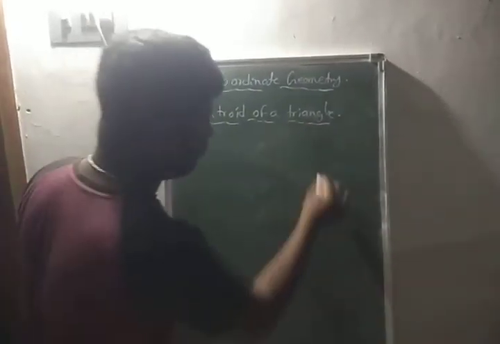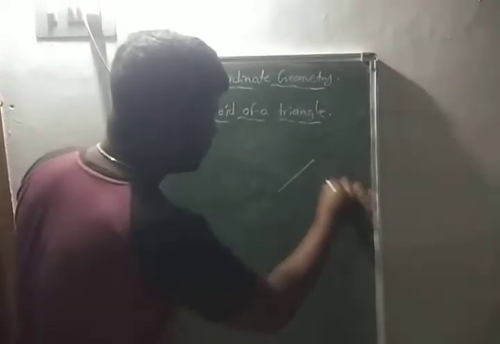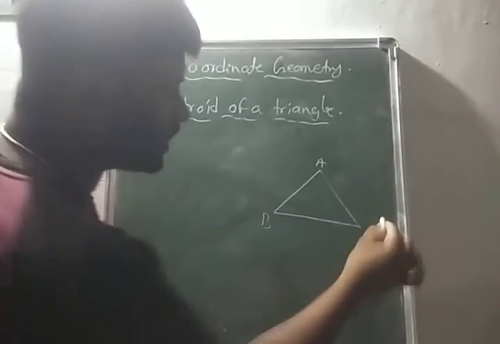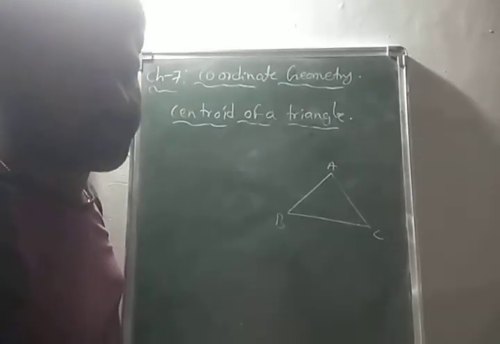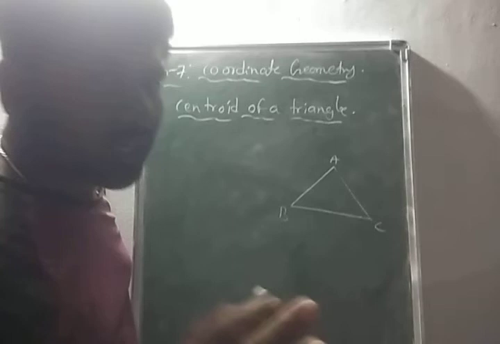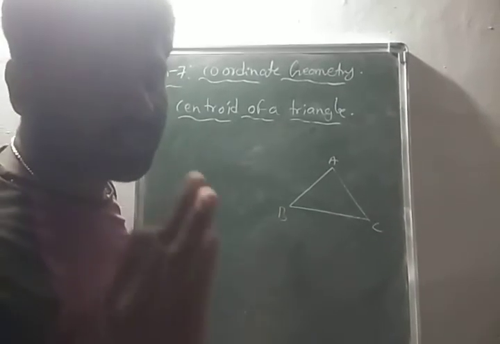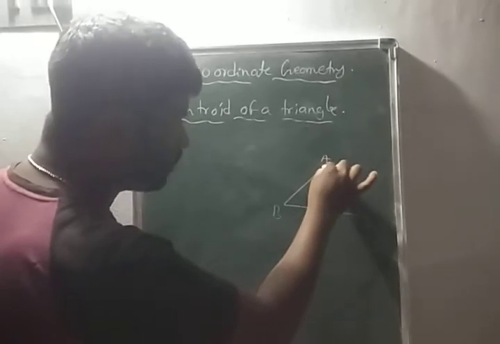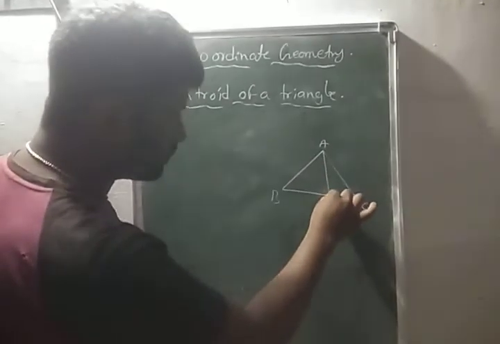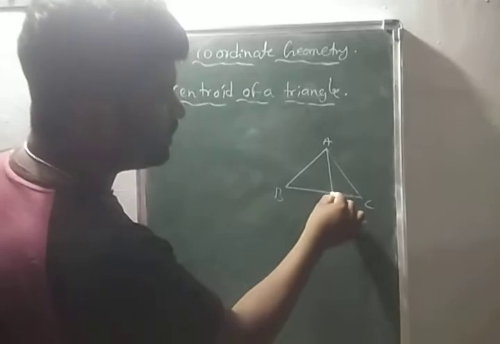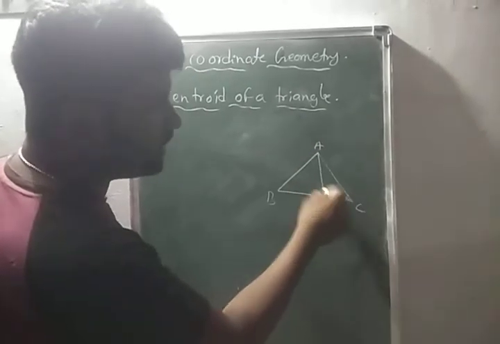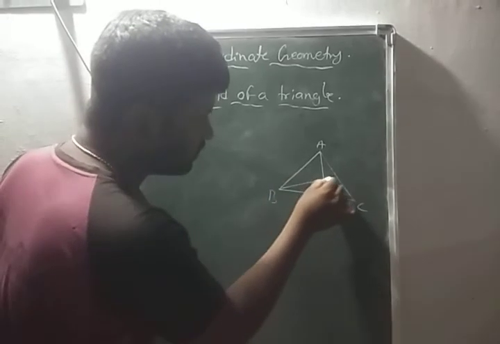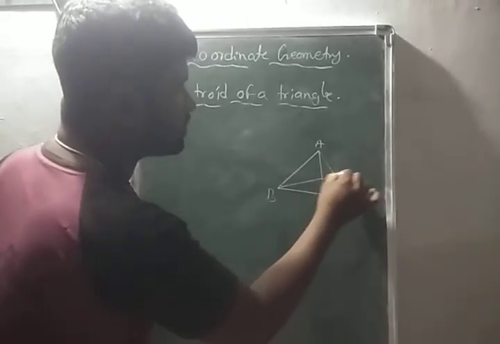We know this is a triangle ABC. Centroid means what? A triangle can have how many medians, Nana? 3 medians. See now, from vertex A, this AD is a median of triangle ABC, and as well as from vertex B, you can draw like this.